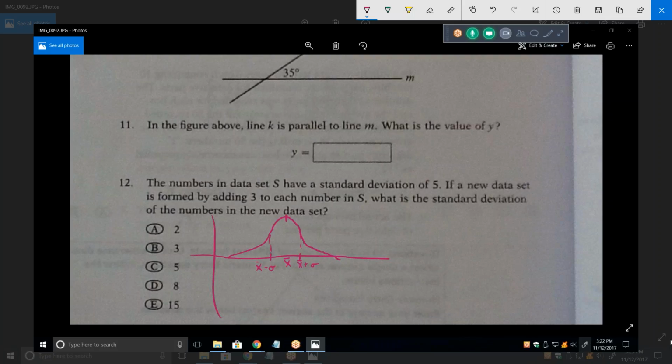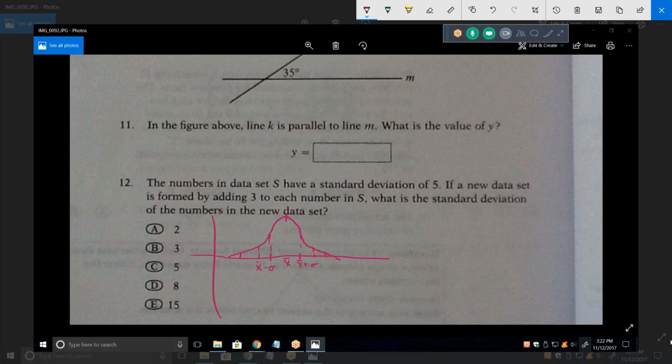In any normal distribution, this represents 68% of the area under that curve. If I go 2 standard deviations on either side, I have 95% of the area under the curve. And if I go 3 standard deviations, I end up with 99.7% of the area under the curve.